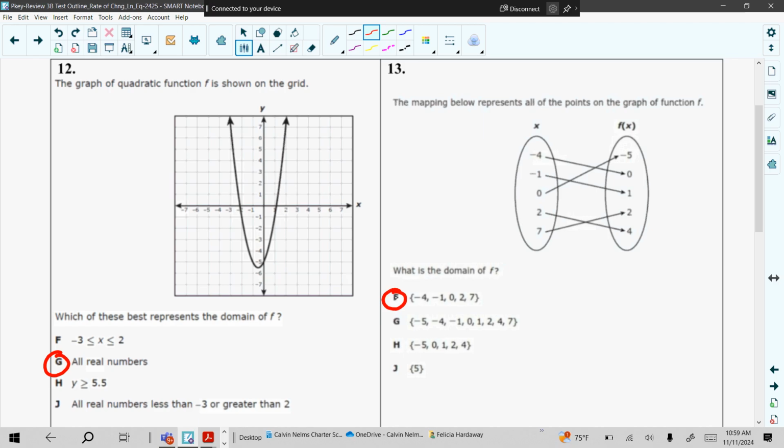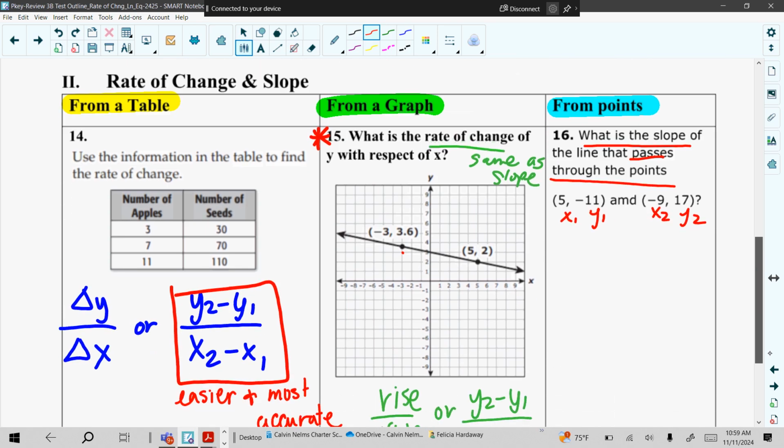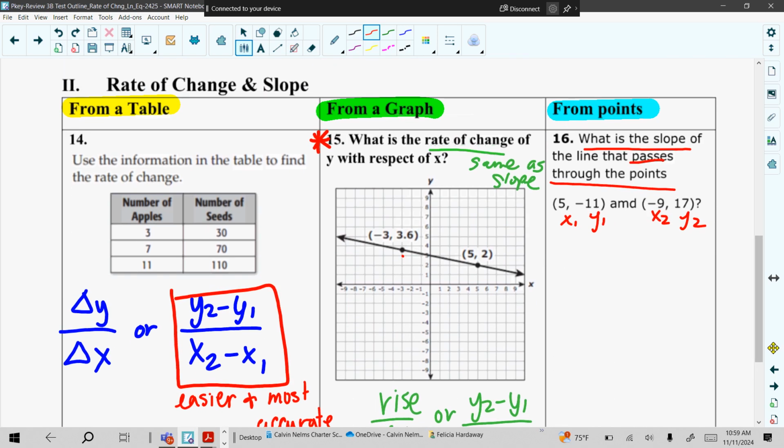Okay, so now section 2, rate of change. There's 3 ways we're going to ask you to do rate of change and slope. They mean the same. Rate of change is slope. Slope is rate of change.